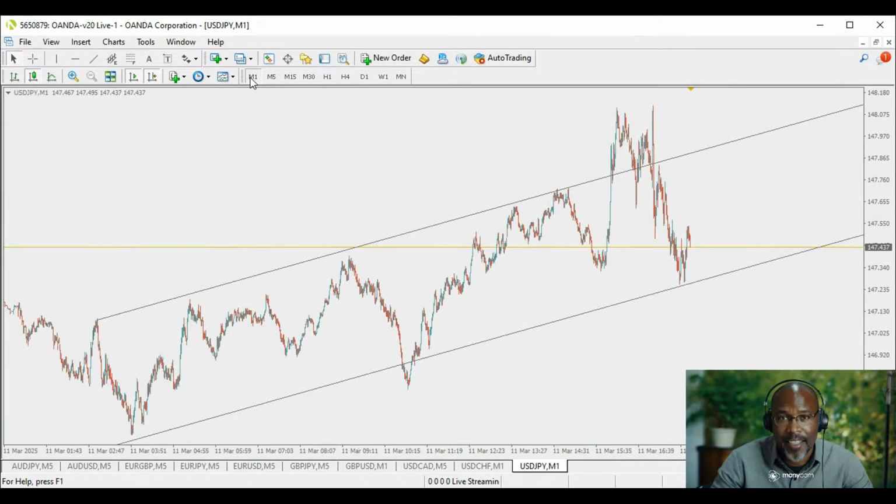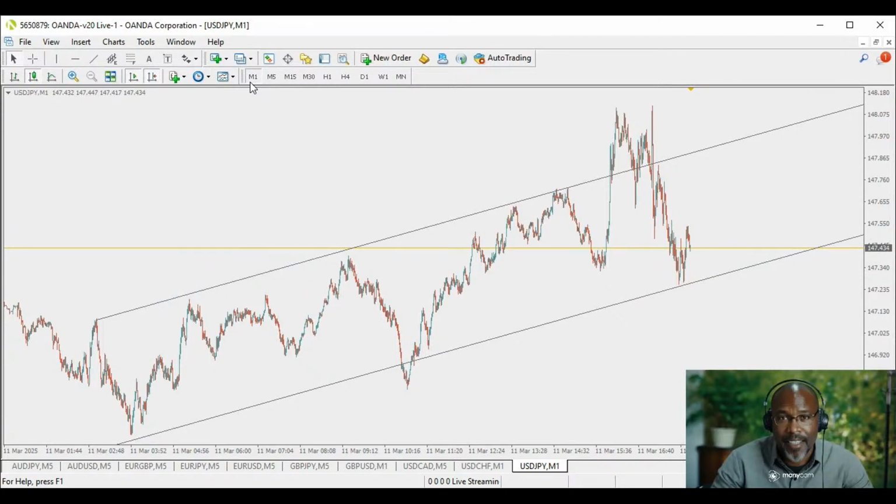Switching to a 1-minute chart. I'm looking to see what is the level where I would purchase a derivative 15 or 20-minute binary call option.